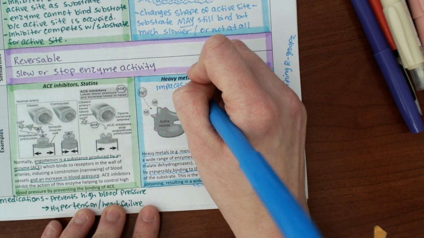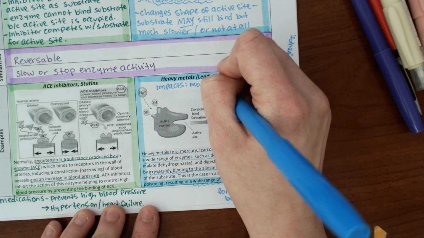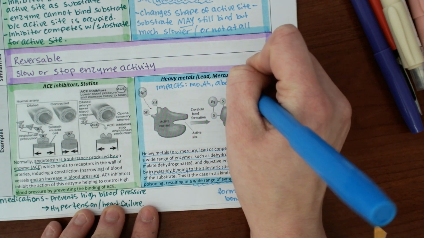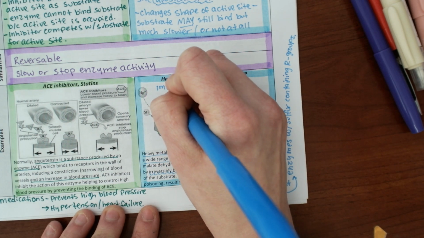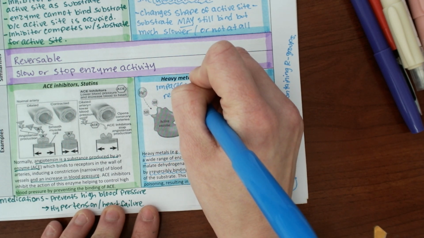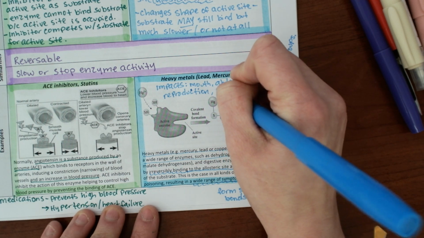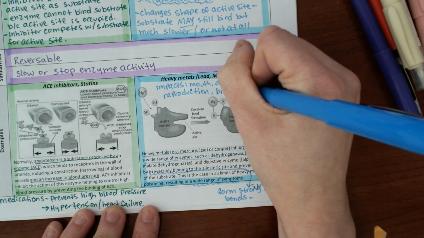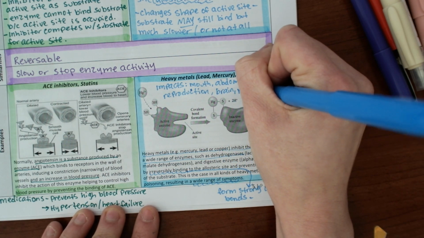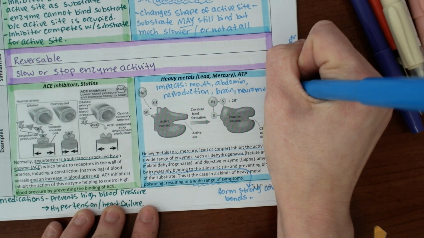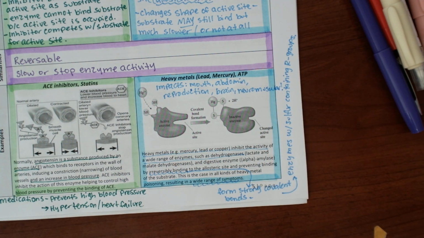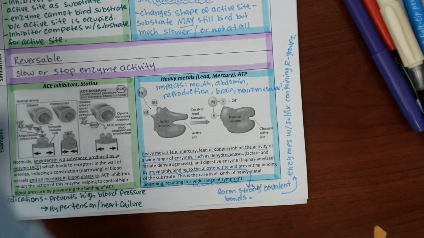So it can impact your mouth, your abdomen, your reproductive tract, your brain, pretty much anything neuromuscular. It's crazy, and it's permanent. So, kind of a nightmare.